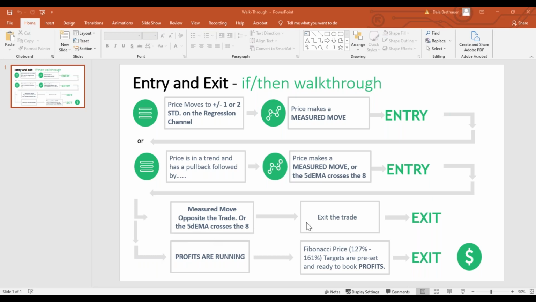You're going to exit when you get a measured move opposite the trade, or the 5 crosses either above or below the 8. That's going to be your exit. That's going to be a losing trade. We're going to have about 25% of those in the long run, statistically.